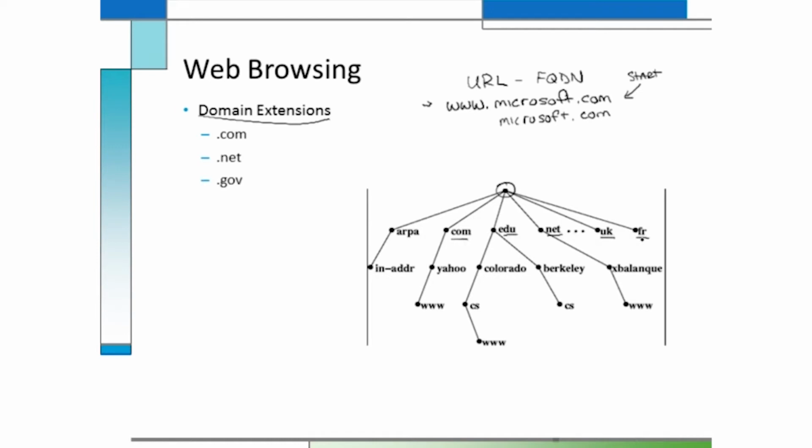Now, these domains originally were designed to represent certain types of websites. The .com was usually a business-related website. The .edu was often some sort of a college. Anything that dealt with networking technology or communications technology was the .net.